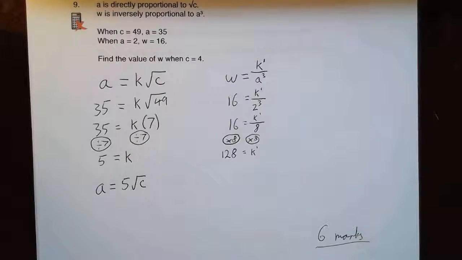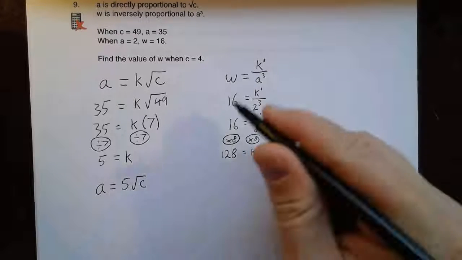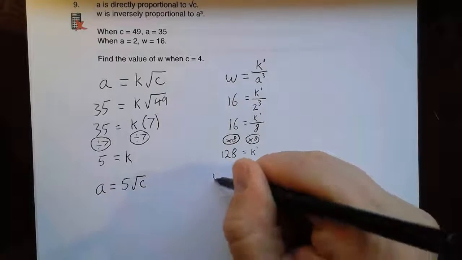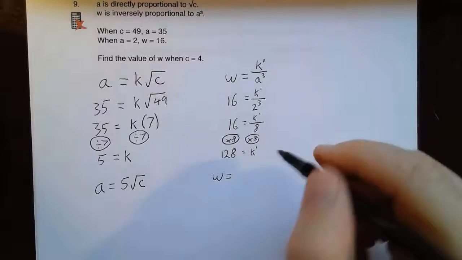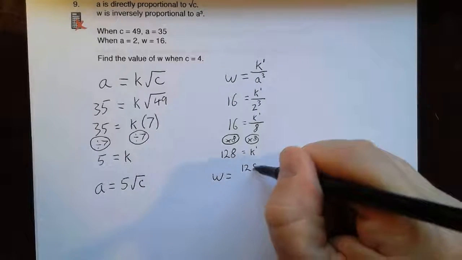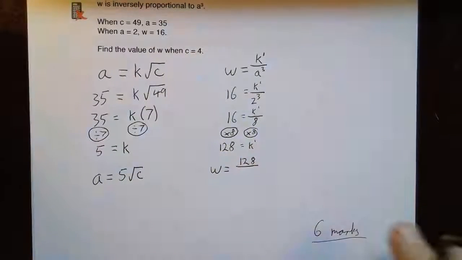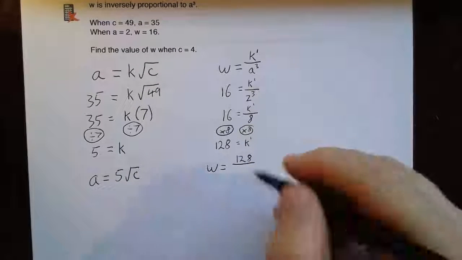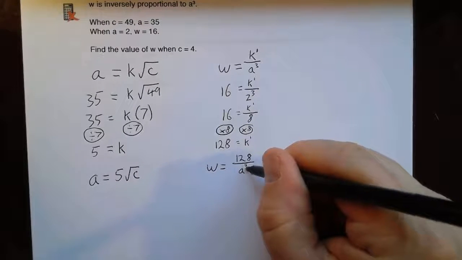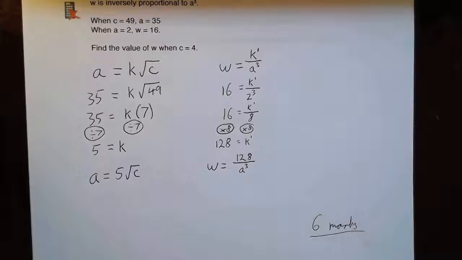Right, so k dash equals 128, so I can rewrite this all out again here as W equals, I now know what the k dash is, 128 over A cubed. Okay, so let's have a look at what I can do now.